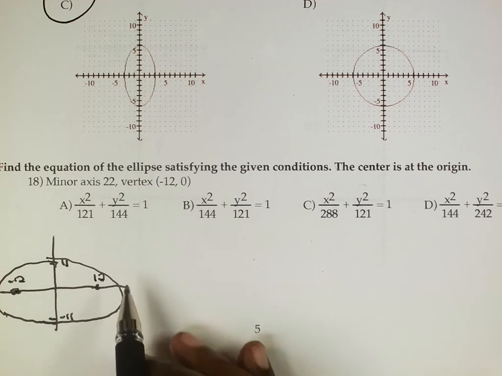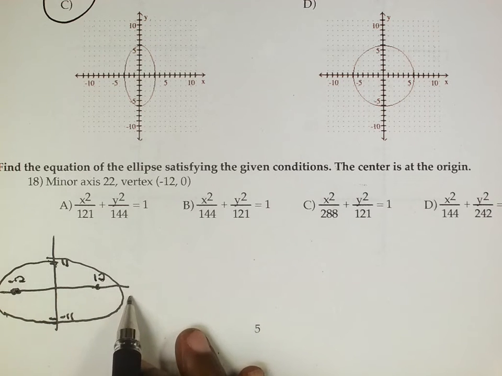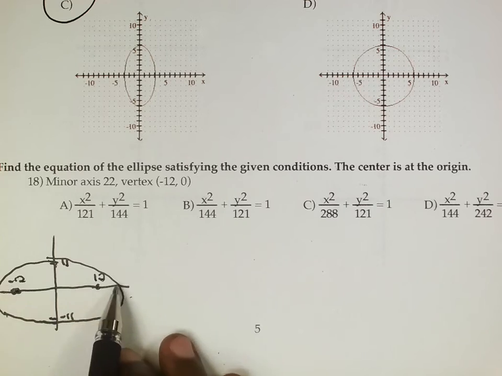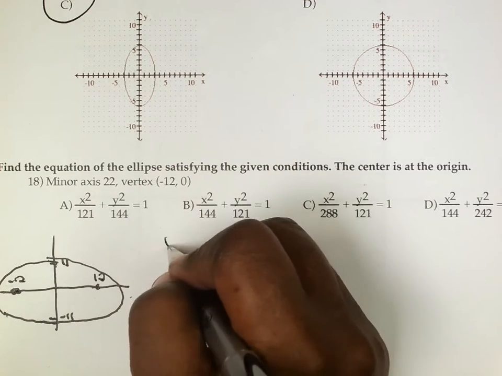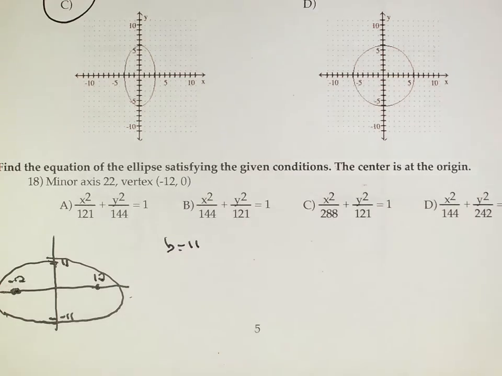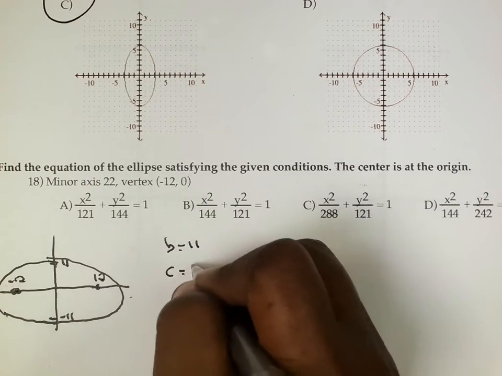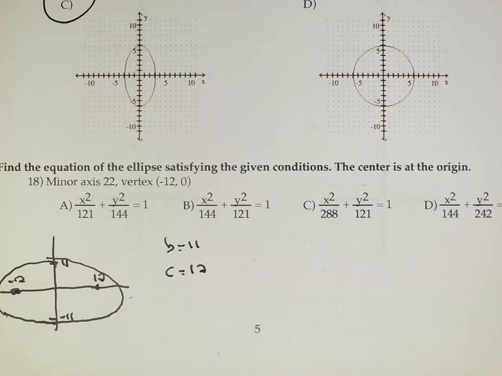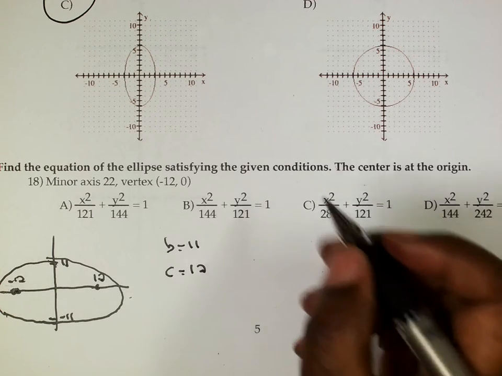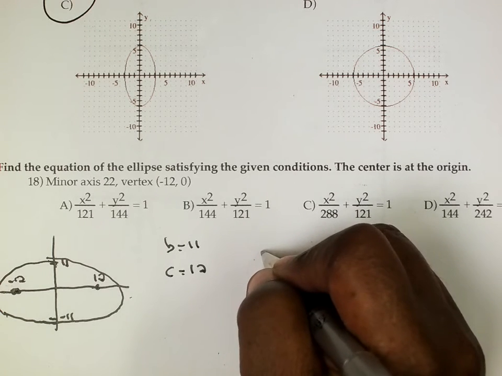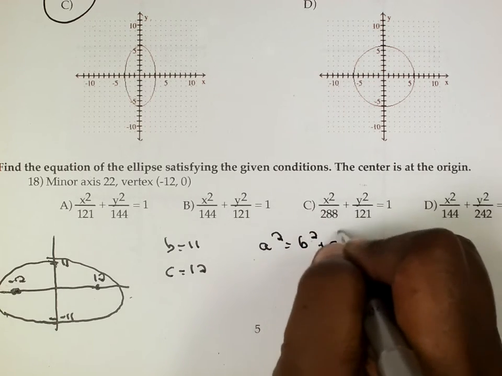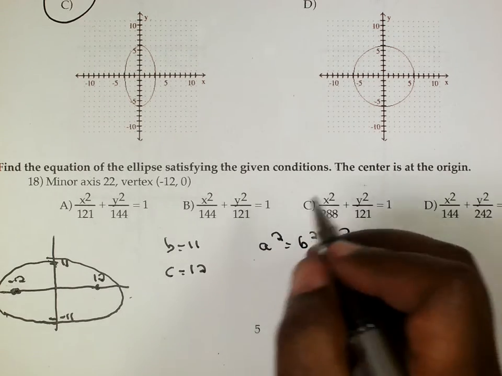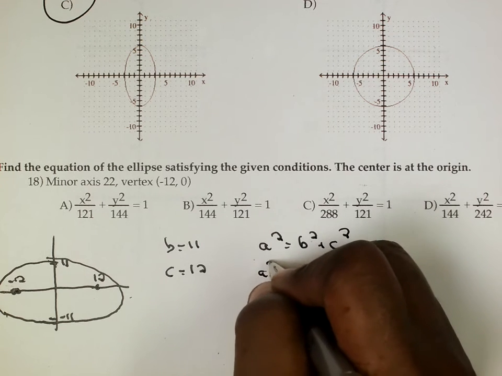So what do we know so far? We know the x is the major axis, because the foci always fall on the major axis. We know what b is. B is equal to 11. And we know c is equal to 12. So again, I need to use the fact that for an ellipse, a squared equals b squared plus c squared. So I don't know what a squared is yet.